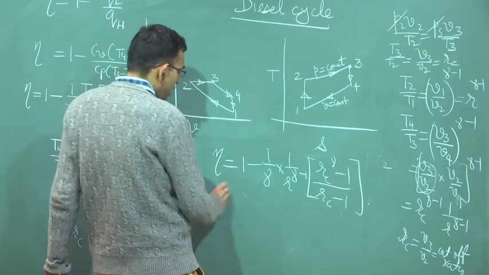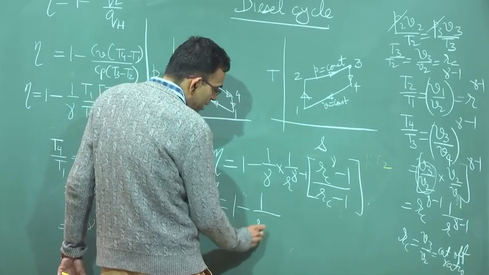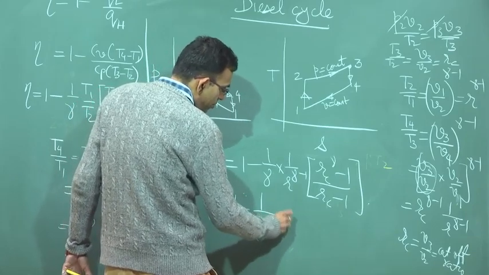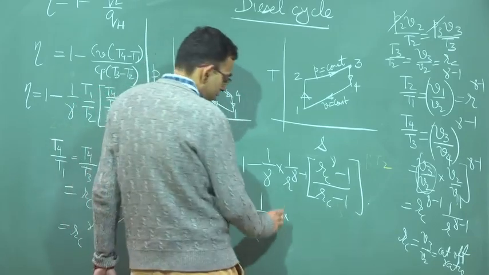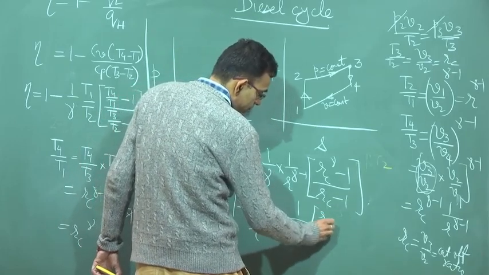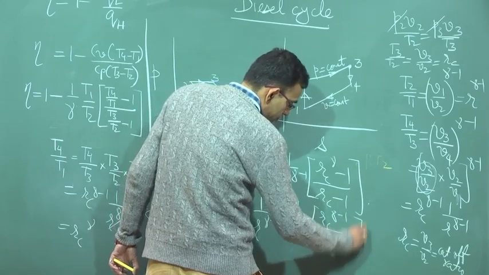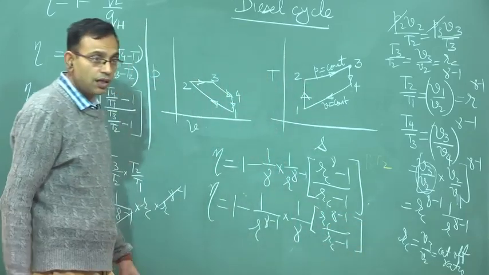So essentially the efficiency expression is the Otto cycle efficiency expression multiplied by a correction factor.